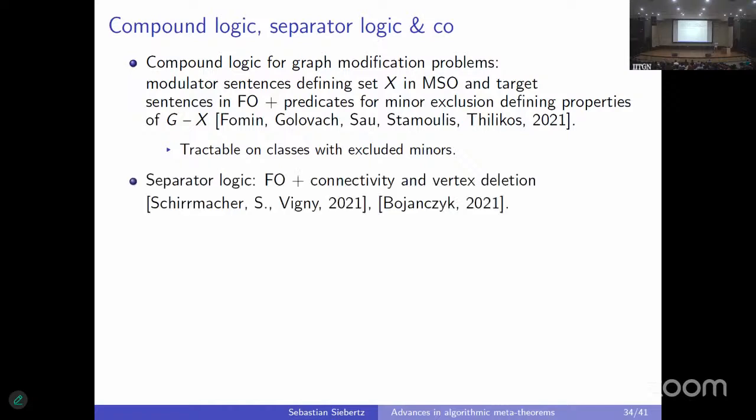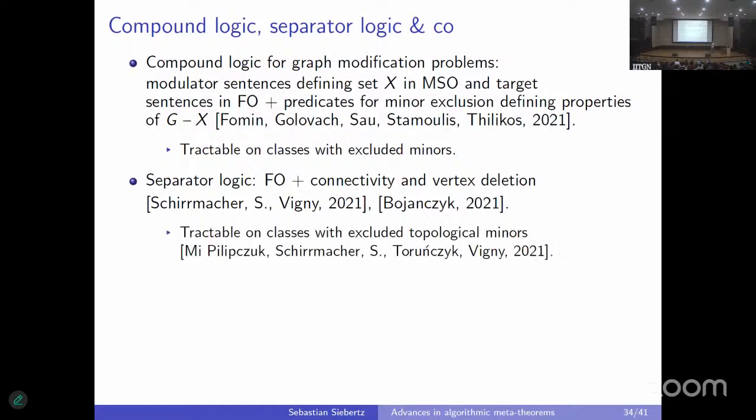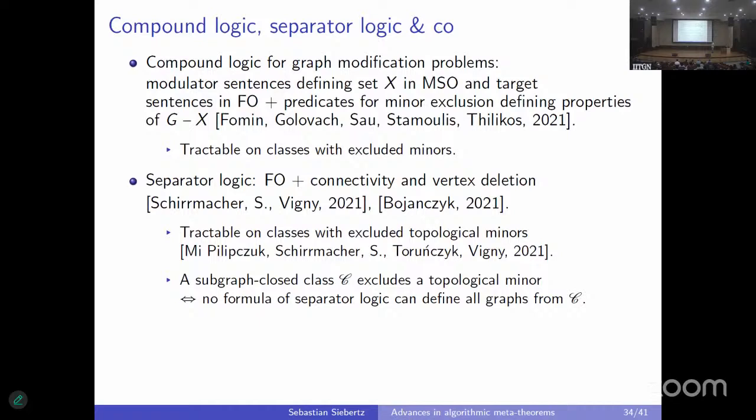So we also introduced a logic here, separator logic. This is first order logic plus connectivity operators. This was independently introduced by Nicole Schirrmacher and others. We proved tractability on classes excluding a topological minor for this logic.